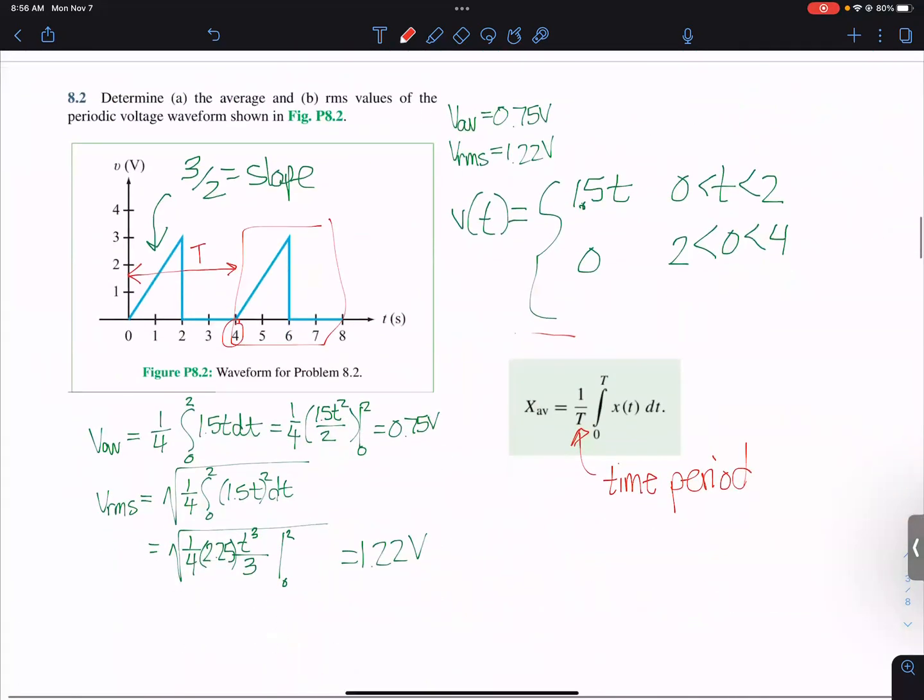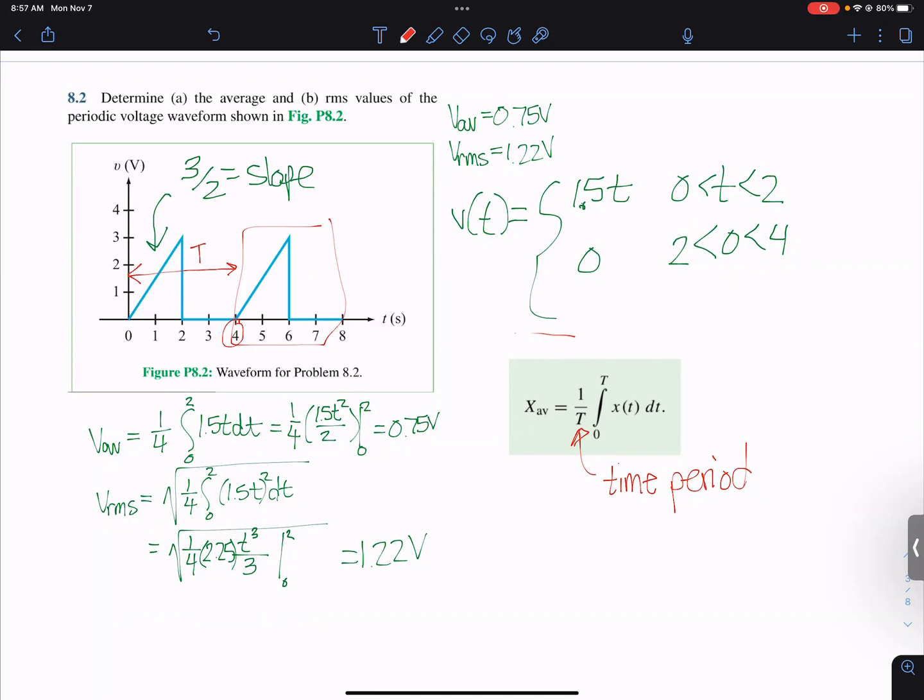So if that is the equation describing this, then the average is 1/t, and then you integrate between each portion of it. You add up each portion that's different. The first portion goes from 0 to 2: 1.5t, and integrating that, it's 1.5t squared over 2, with the integration bounds from 0 to 2.